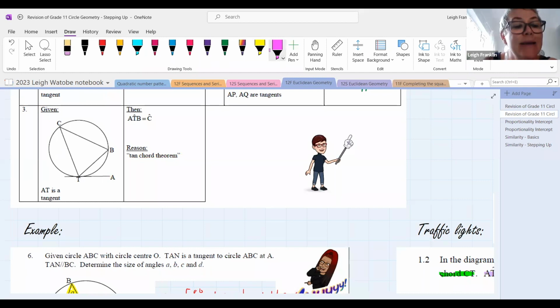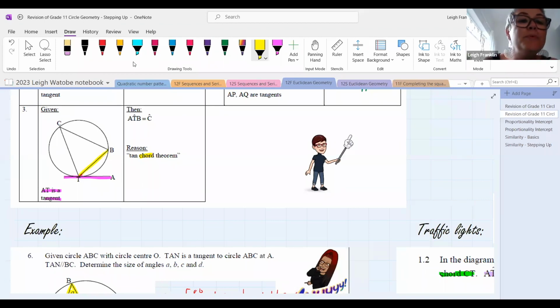All right, here is the tangent. We have been told that TA is a tangent. Okay, so tan chord theorem tells us that the angle between the tangent and the chord is BT. So AT is the tangent, and the chord that we're talking about, let me rub it out and not make it purple, I'll make it a different color, is this line over here.